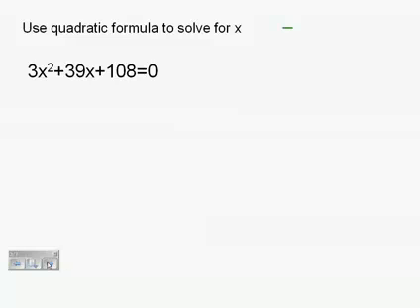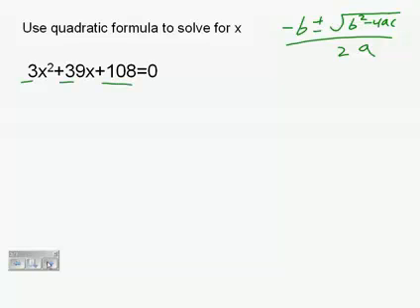So I'll write the quadratic: negative b plus or minus the square root of b squared minus 4ac all over 2a. Now, this is a, 3 is a, 39 is b, 108 is c. The main thing you have to do before you use the quadratic is make sure it's equal to 0.